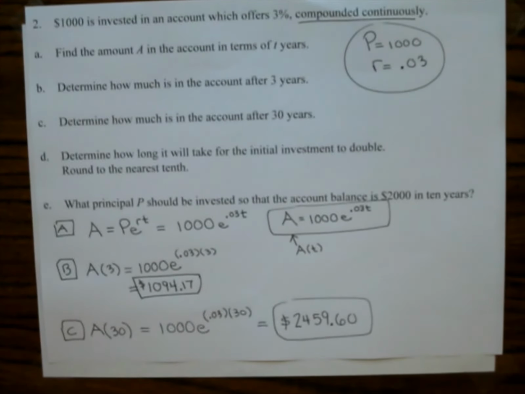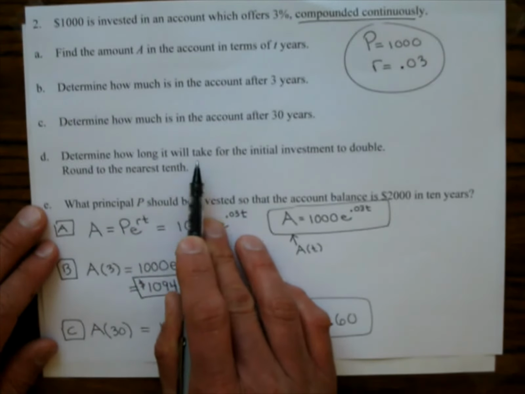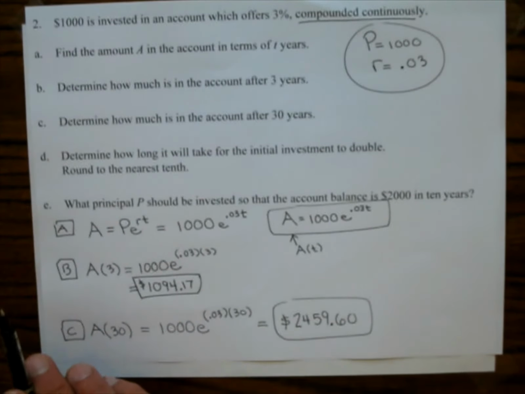Let's go ahead and answer the next question. It says, determine how long it will take for the initial investment to double, round to the nearest tenth. So that's what we're going to do now.